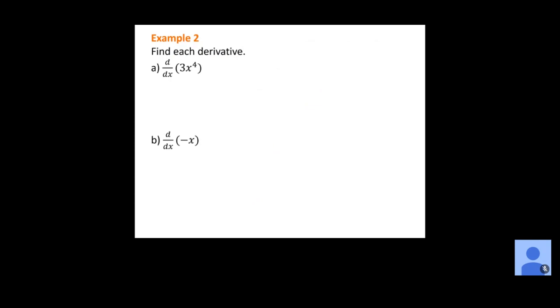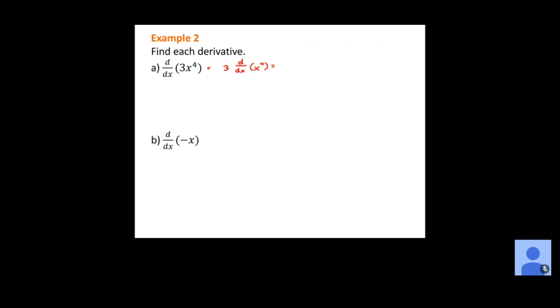All right, so I want to apply that to these, right? And then I'm going to show you that we could even shorthand it a little bit more than that. So if we look at this first one here, we're taking the derivative of 3x to the 4th power. What's the constant this time? 3, right? So I'm going to bring the 3 out front, and then I'm just taking the derivative of x to the 4th power.